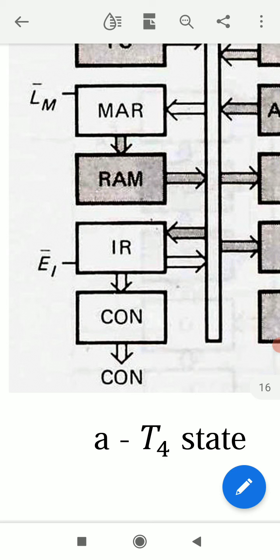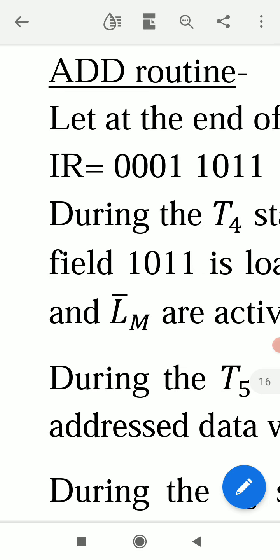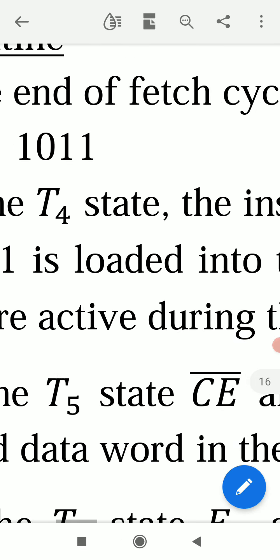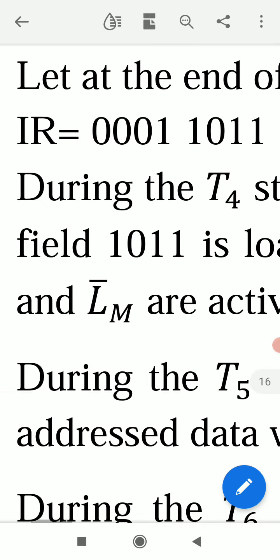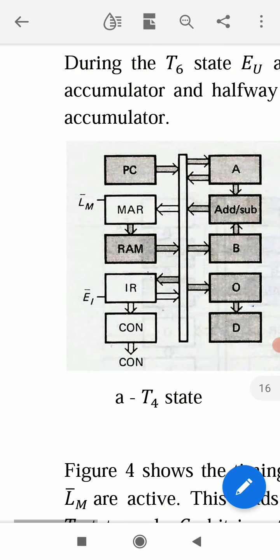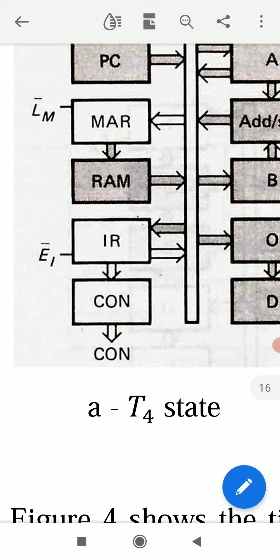These 4 bits are the instruction field 0001, which is operation code for add, and the next 4 bits, right side 4 bits 1011, go to W bus, and this goes to W bus only when EI bar is active.